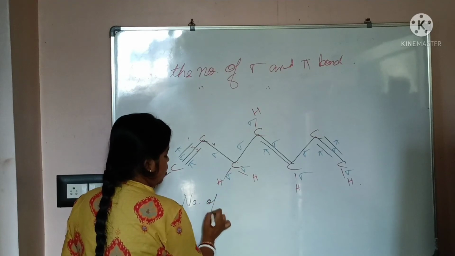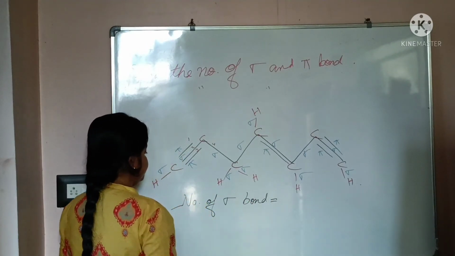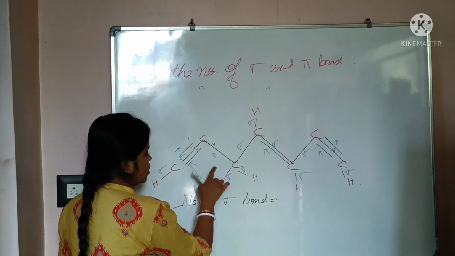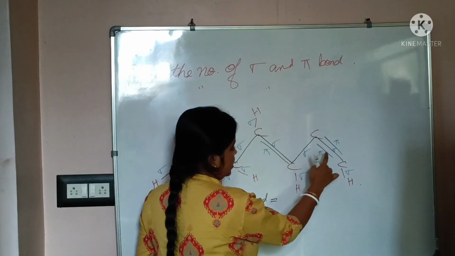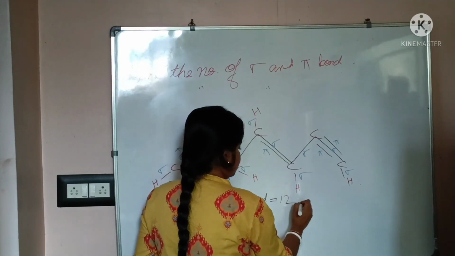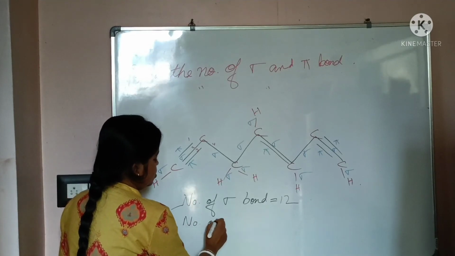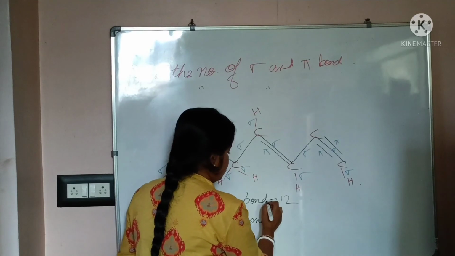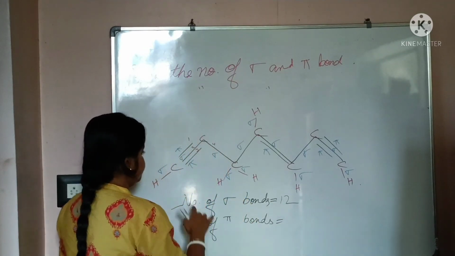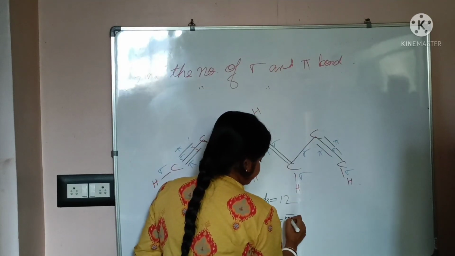Number of sigma bonds equals 1, 2, 3, 4, 5, 6, 7, 8, 9, 10, 11, 12. So 12. And the number of pi bonds: 1, 2, 3, 4, 5.